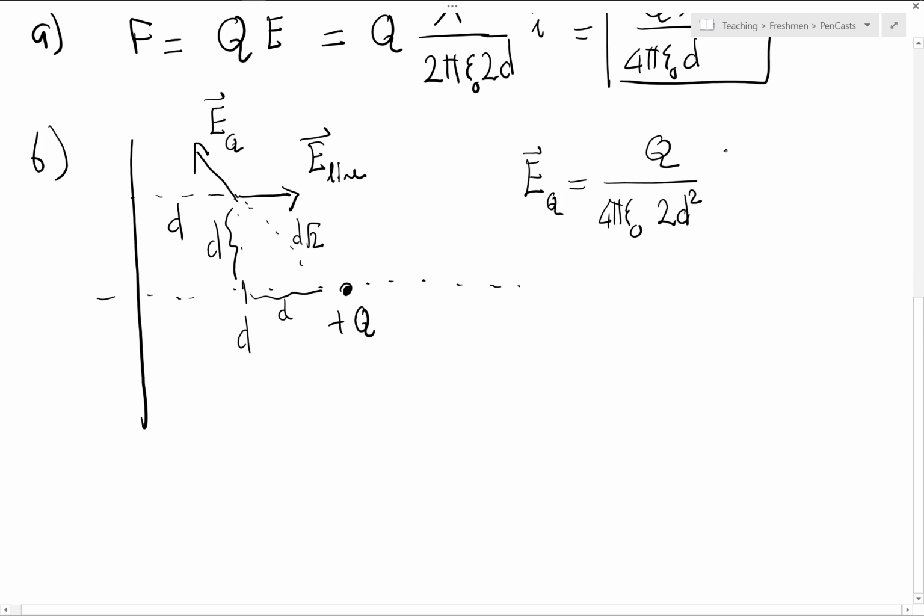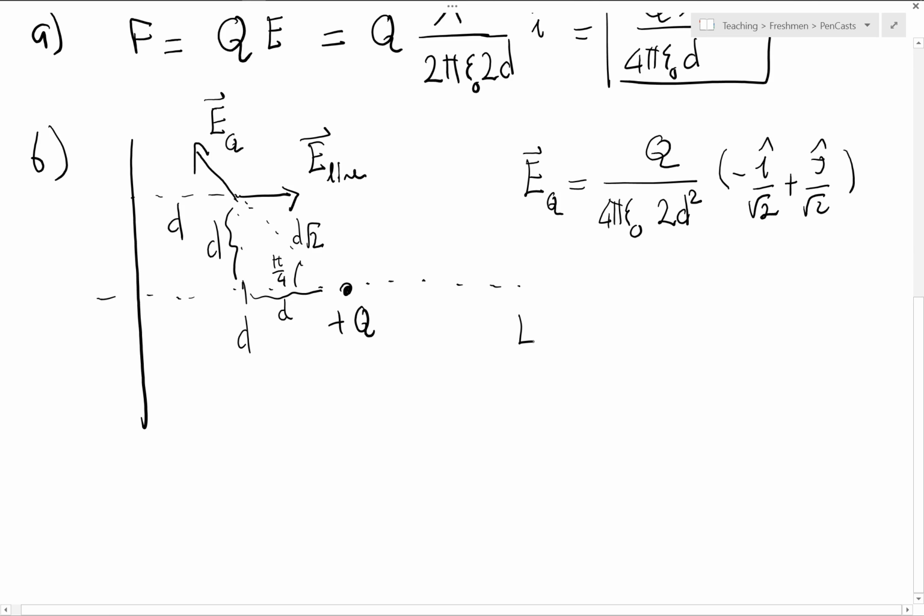How about the vector now? This vector is making 45 degrees, pi over 4 angle, so on the x-axis I have minus i hat over square root of 2, on the y-axis in the positive direction plus j hat over square root of 2. So that's the electric field of the point charge.